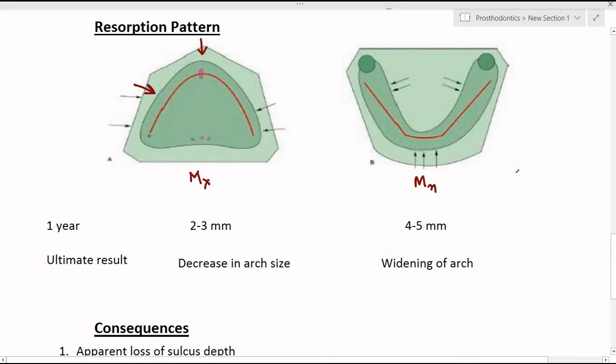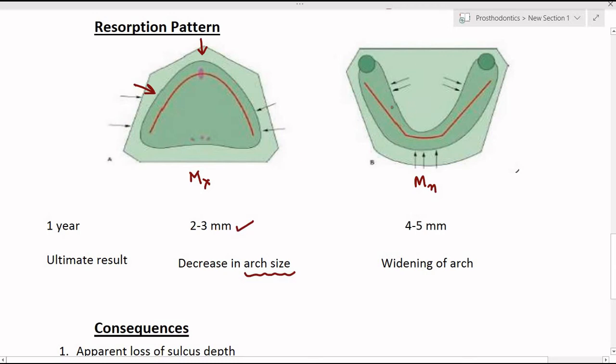Another important thing before that, the red line that you see is the center. Relative to this, we are going to discuss how the resorption is occurring. So buccally and labially in maxilla, it is going to reduce. This is eventually going to cause a decrease in arch size, right? You can imagine if it is going to resorb like this, it will eventually become smaller. And in 1 year, on an average, 2 to 3 mm loss is seen.